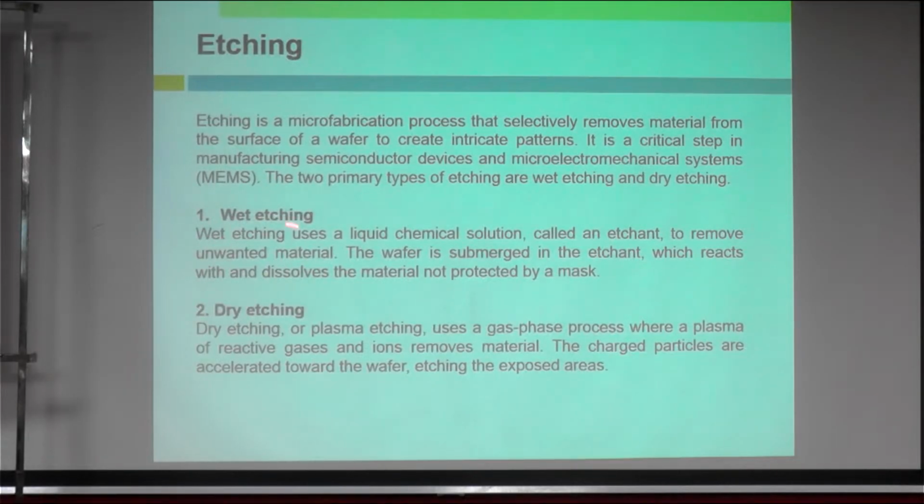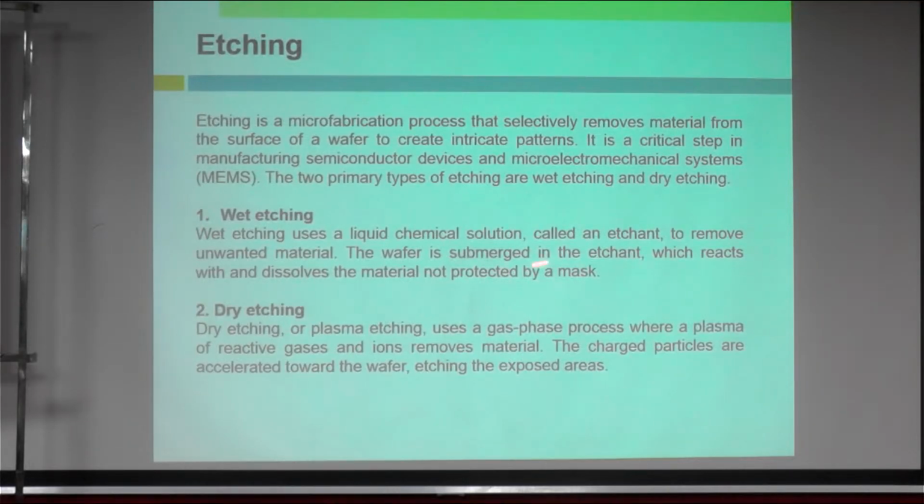What is wet etching? Wet etching uses a liquid chemical solution called an etchant to remove unwanted material or to form a certain structure, certain pattern. The wafer is submerged in the etchant, which reacts with and dissolves the materials not protected by the mask. So that is where you have selectivity.